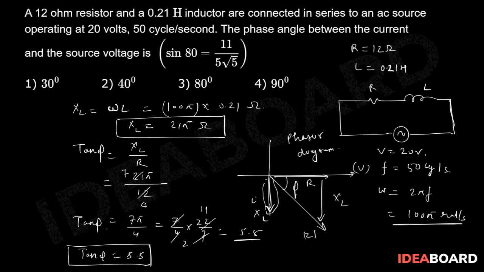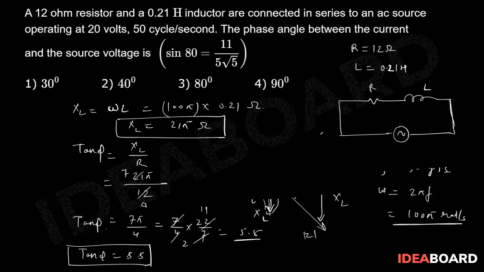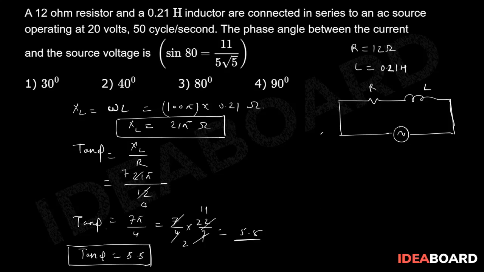Now what we have to do, we are given in the question the value of sine 80 degree. So let us calculate the value of tan 80 degree. If sine 80 degree is 11 by 5 root 5, then I can clearly say tan 80 degree. If you draw the diagram, any diagram will give you a situation like this for sine.